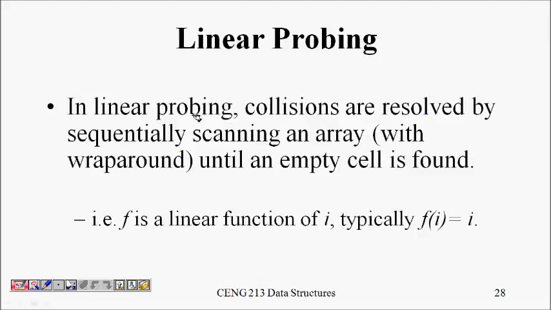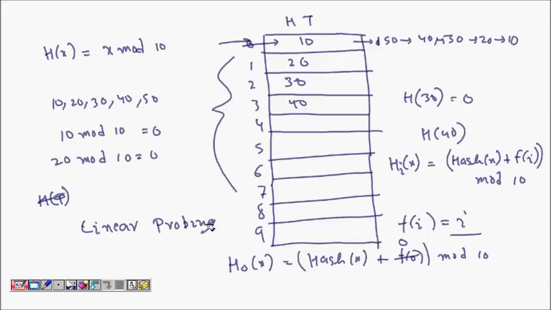So what is linear probing? In linear probing, as we saw, collisions are resolved by sequentially scanning an array with wraparound until an empty cell is found, okay. This is what we were doing. H of 20 is 0, but it was already occupied, so I moved to the next place.